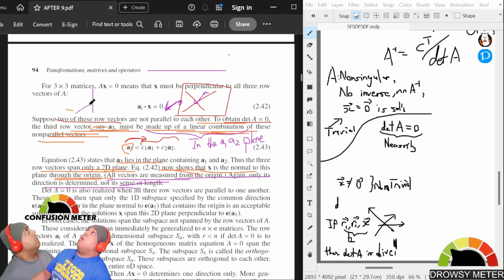Okay. A1 and A2 make up this plane. X must be perpendicular to all of them, right? So X can go here. No, you can go backwards.